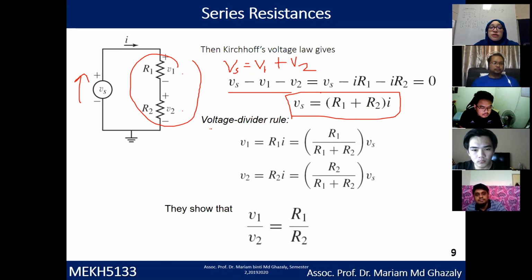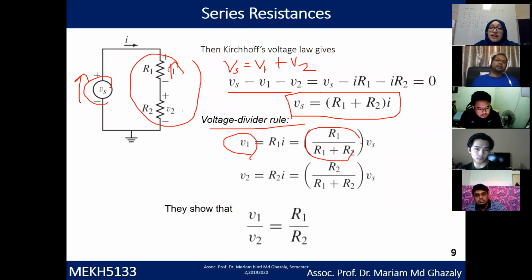So the voltage divider rule is that, assuming you are asked to calculate V1 over the value for Vs, V1 is equal to R1 over R1 plus R2 times Vs. So to calculate the voltage divider, for V1 it is R1 over R1 plus R2, so you get the first equation, and V2 is R2 over R1 plus R2.